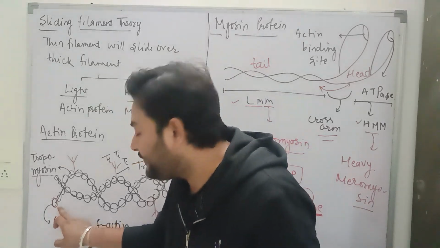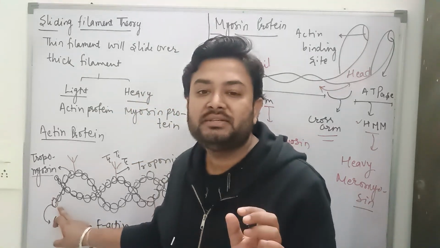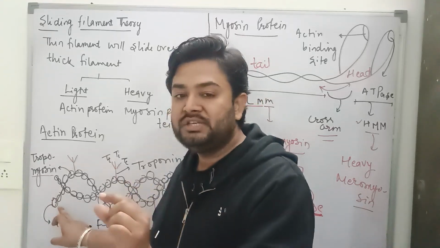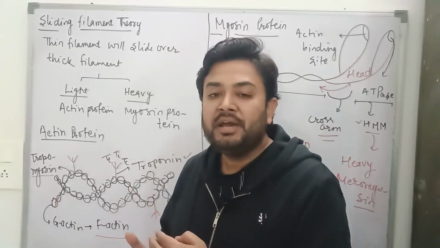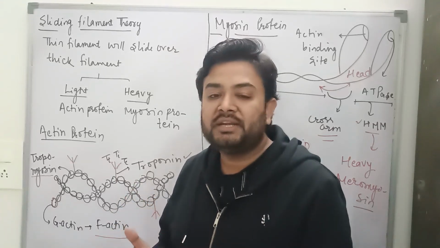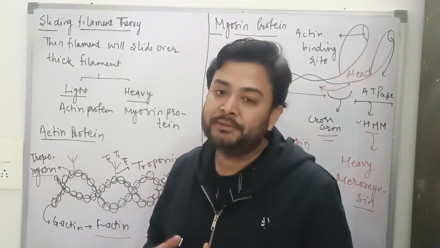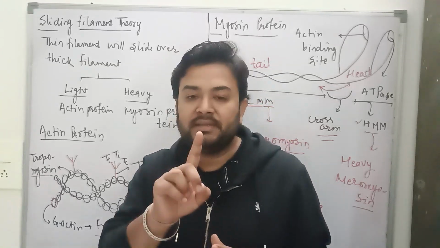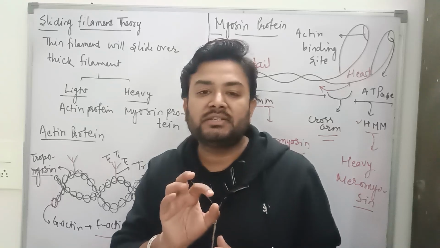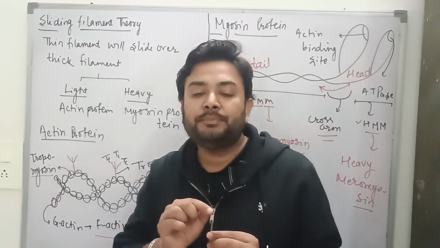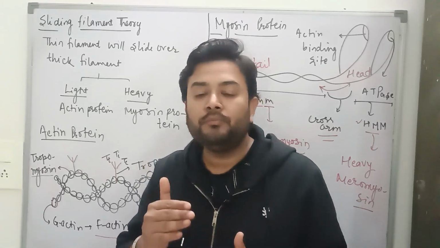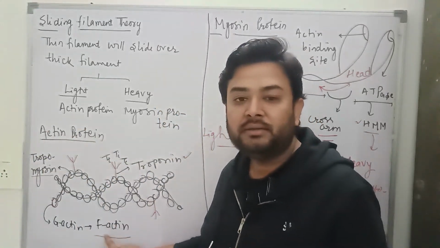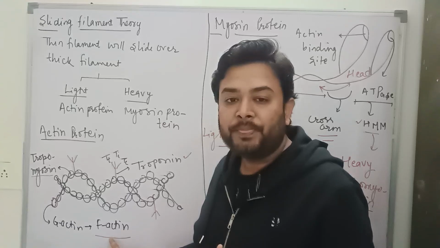A single spherical structure is known as G actin, and a continuous chain of repeated G actin will form F actin. G actin means globular actin, and the continuous repeated chain of G actin forms the filament, known as filament actin, F actin.